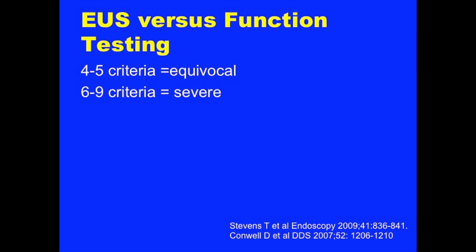In looking at EUS versus histology, there are 4 studies of any size. The largest one to date being ours at the Medical University of South Carolina, in which we had 71 patients who had EUS and then had comparative surgical histopathology.